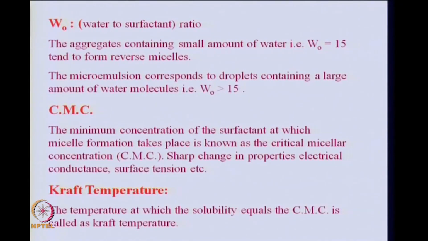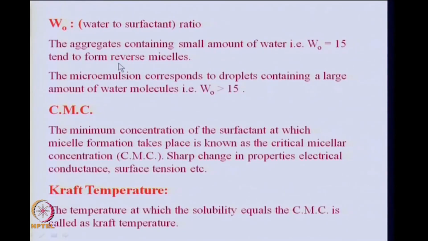Now, there are certain terms which are used in microemulsions and surfactants and reverse micelles, etc. One is what is called the W naught parameter, which is related to the ratio of concentration of water to surfactant. So, how much water is there with respect to surfactant?